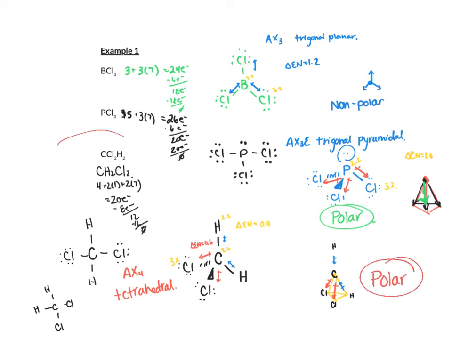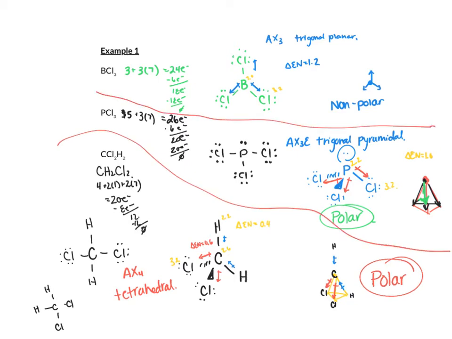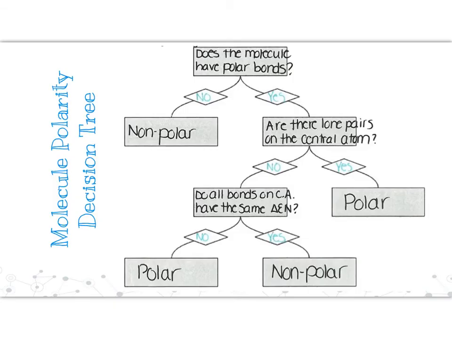This seems like a lot of work, and it is, but it is the most scientific way of deciding if something is polar or non-polar. Now, not everybody likes that, and it can be a little bit tricky. So I have this little flow chart in your notes, and you'd want to fill it out here. We'll go through it.